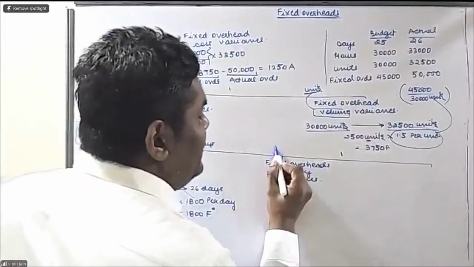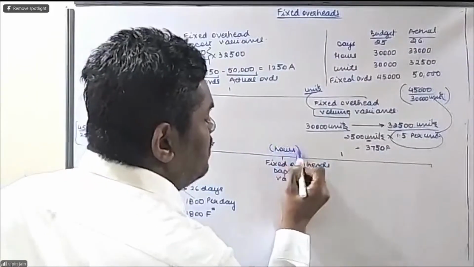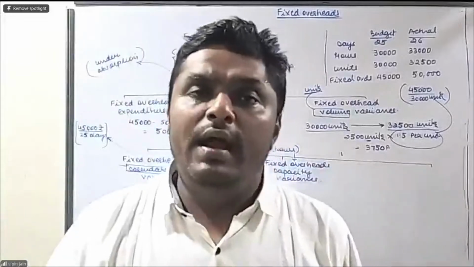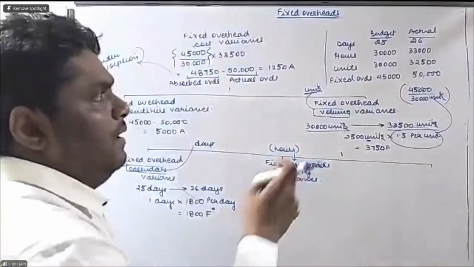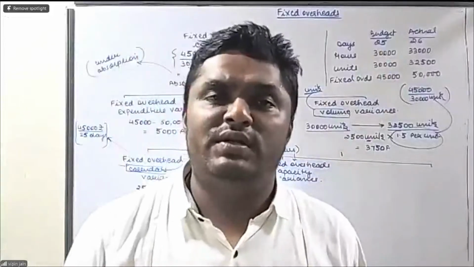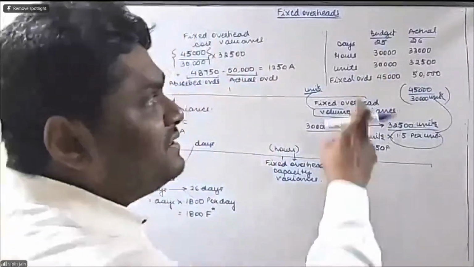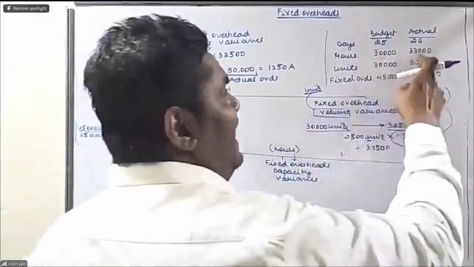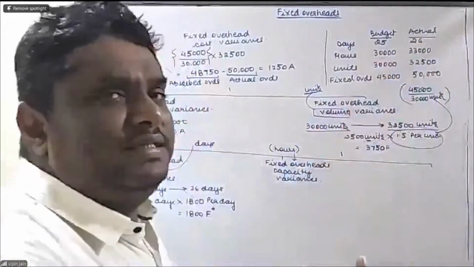Herein the capacity variance talks about hours. This variance talks about hours. Now, my budgeted hours are 30,000, my actual hours are 33,000. But these 30,000 hours are for 25 days and actual 33,000 are for 26 days.